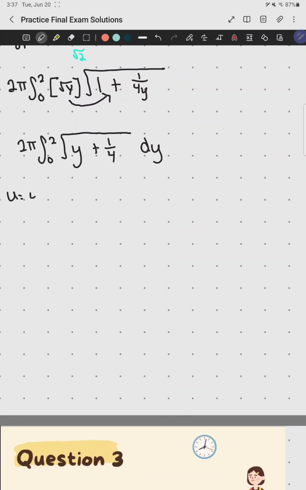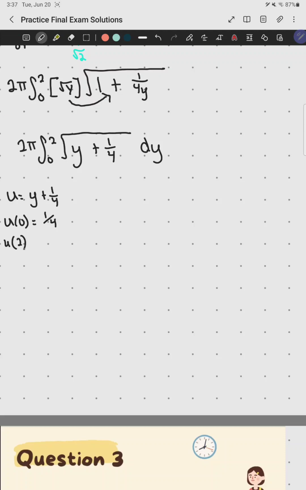Our u is going to equal y plus 1/4. Our u at 0 equals 1/4.